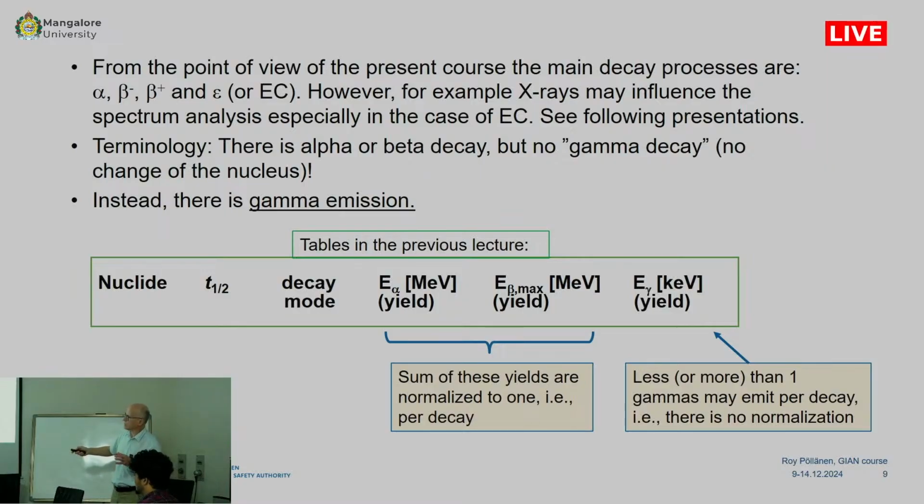So 1 per decay. However, gamma emissions, they are not normalized. So it may happen that 1 decay can produce, for example, 2 gammas. For example, cobalt 60. It's a typical example.